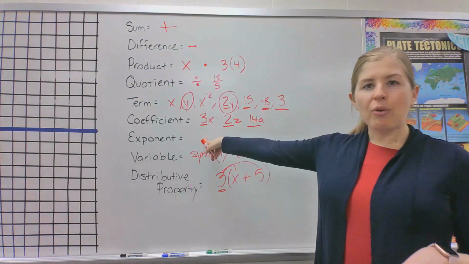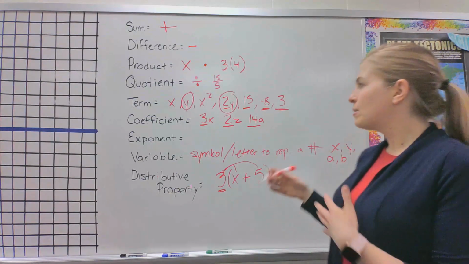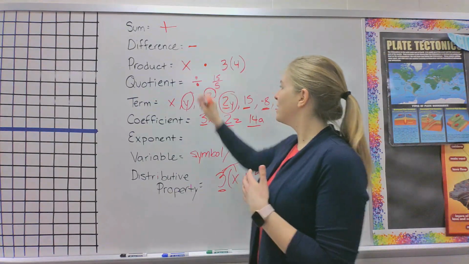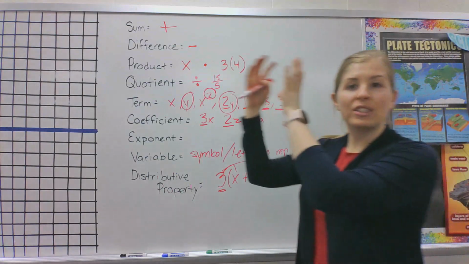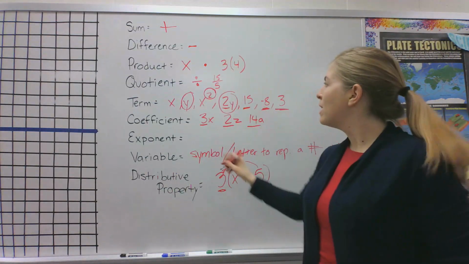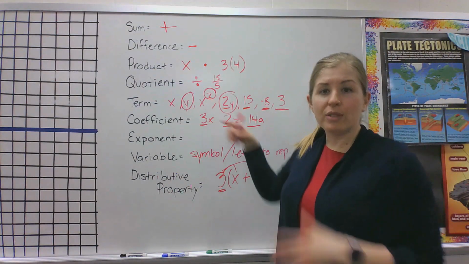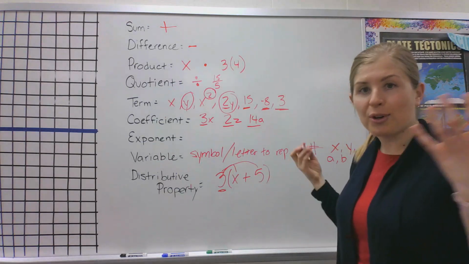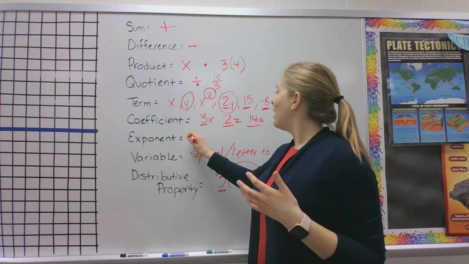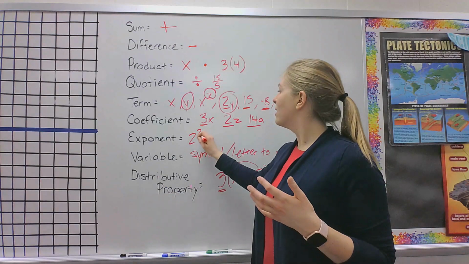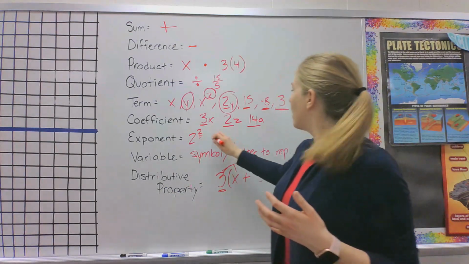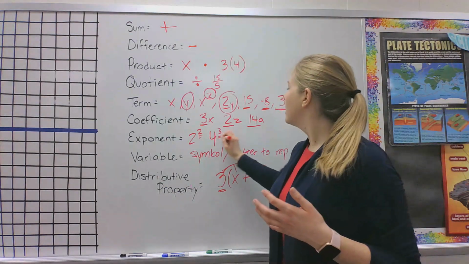And then our exponent sometimes can be construed. Exponent is those little numbers. It's when we square or we cube a number. It's those little numbers next to our variables and next to our constants or coefficients as well. So if we have 2 squared, that would be our exponent. If we have 4 to the third, that would be our exponent.